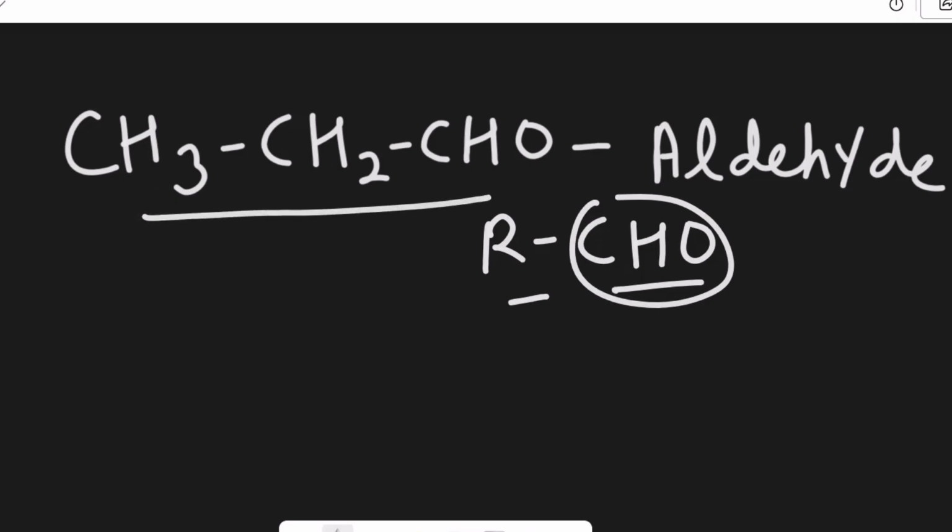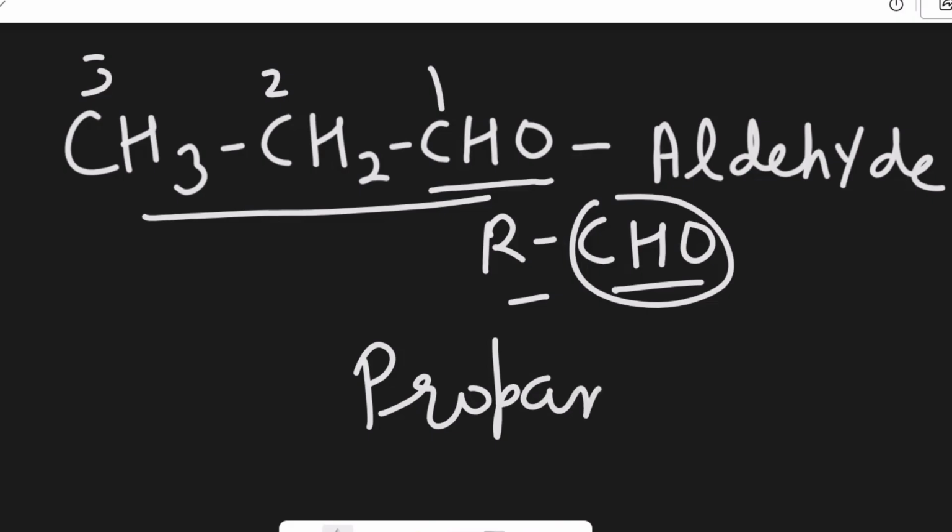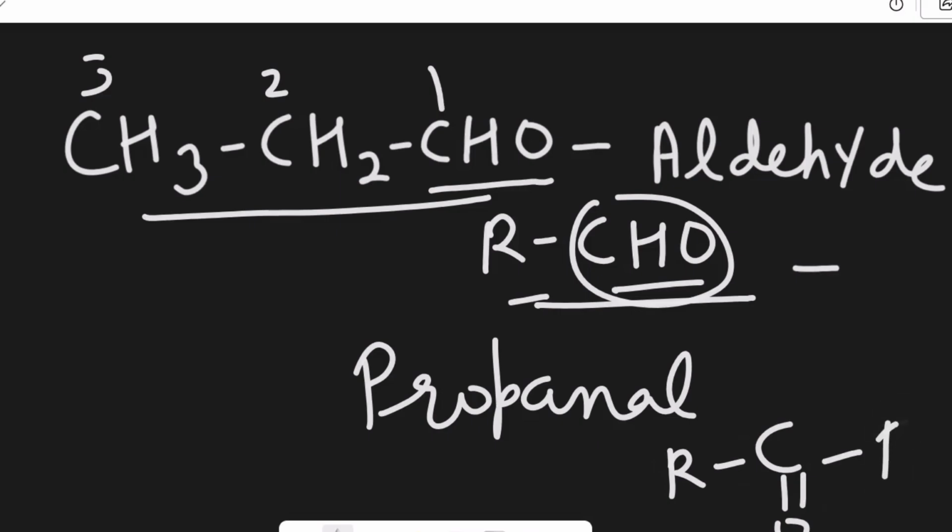So in this example there are 3 carbons, 1, 2, 3, and the aldehyde group is attached to carbon 1 and it's always on the end. So this is simply called propanal. Remember, this is for aldehyde and this is for ketone.